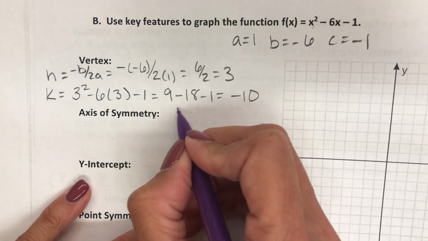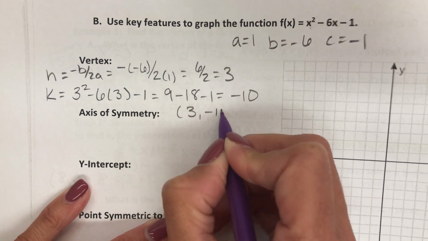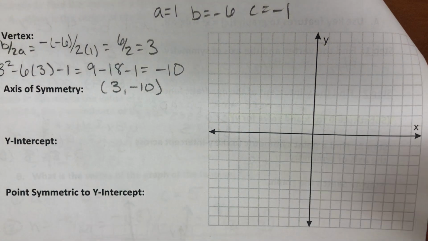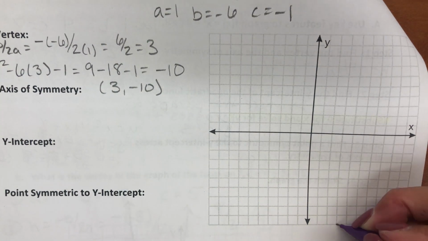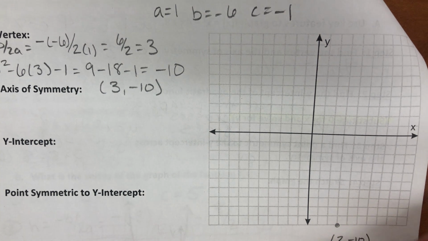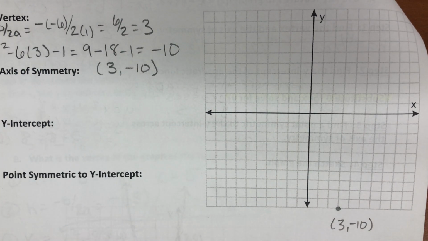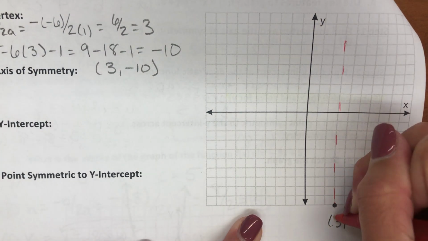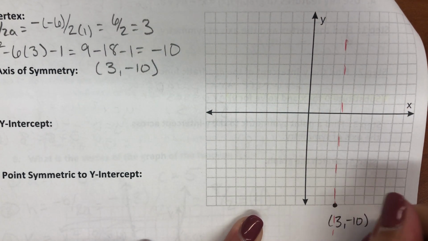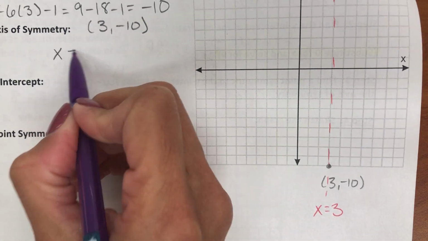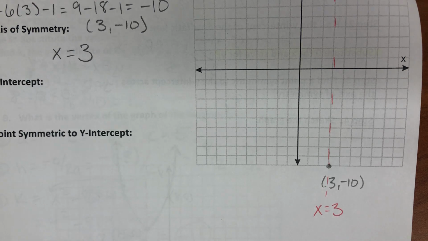So my vertex is (3, -10). So I'll go over here and plot that. (3, -10). There's my vertex. And that also gives me my axis of symmetry at x equals 3. So axis of symmetry, x equals 3.